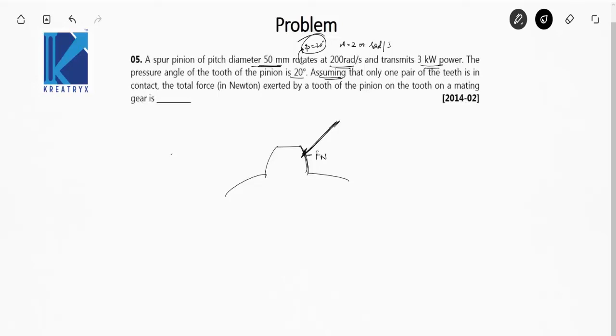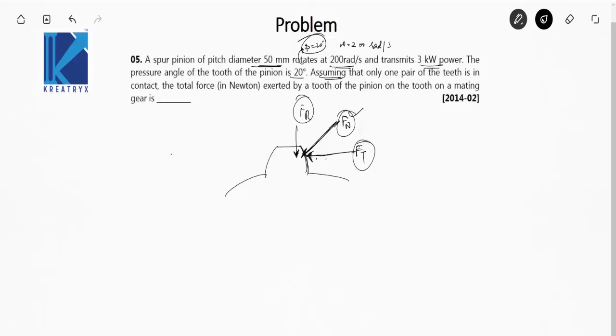So this is Fn, this is the radial force, and this is the tangential force, Ft. So this is the tangential force, this is the radial force, and this is the normal force or the total force exerted by the tooth of the pinion on the other tooth. So we have to find this Fn.